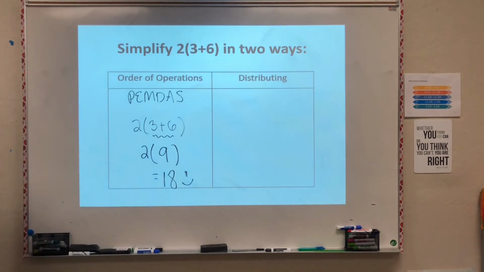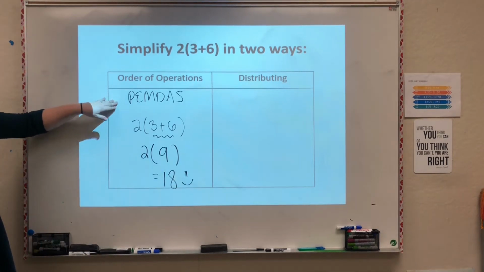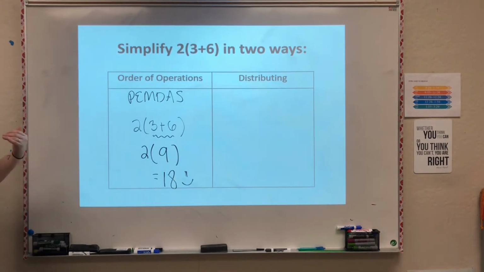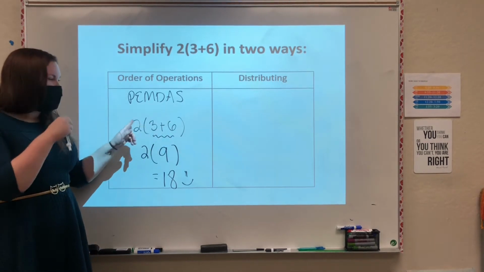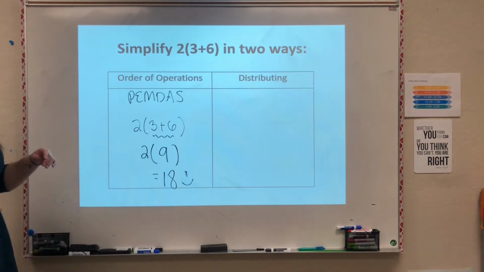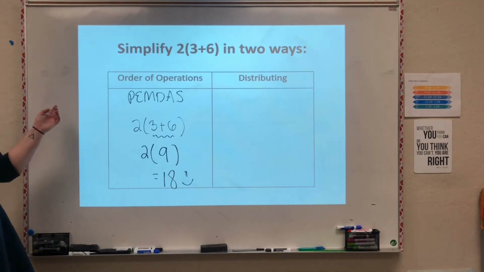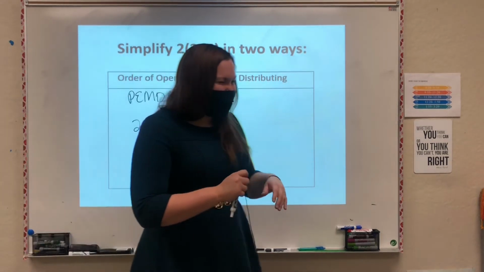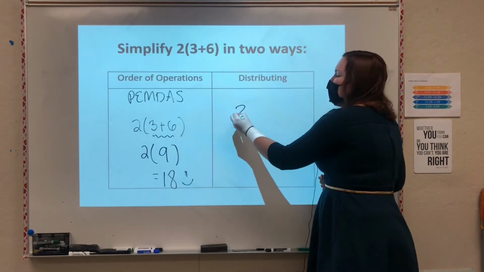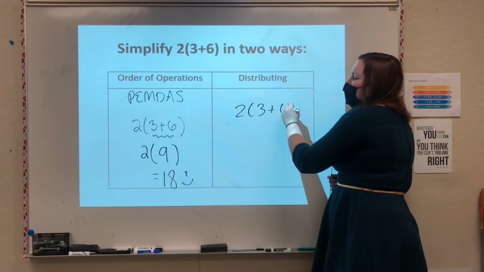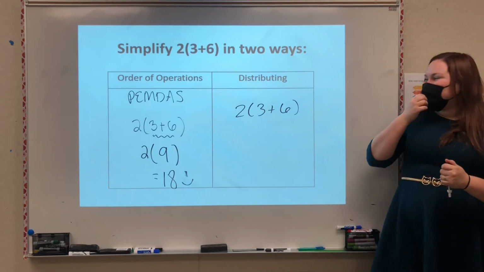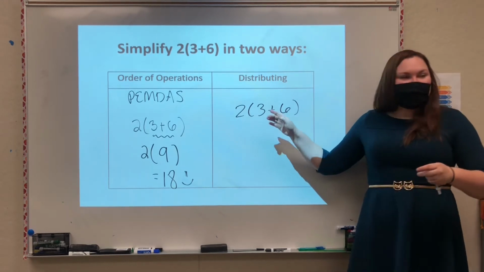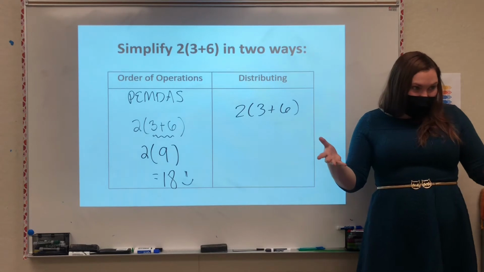Perfect. We learned this because this is going to help you do any sort of math problem like this where there's multiple operations. There's multiple math things you need to do. However, there is a different way to do this problem. Do you know what the other way is? Sometimes people know and sometimes people don't. So this right here, remember those parentheses mean all of this is together, right?